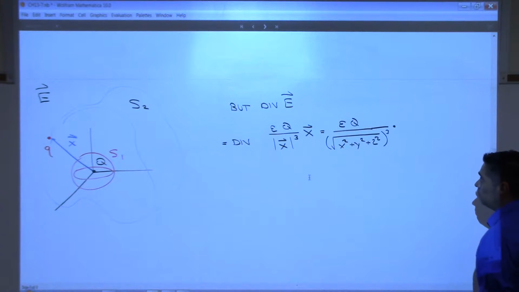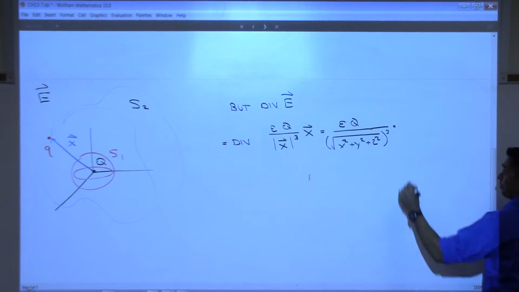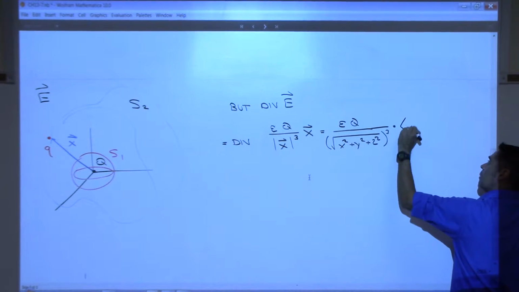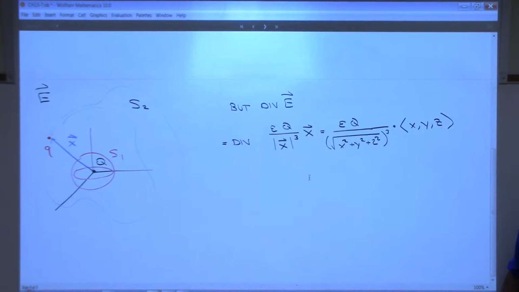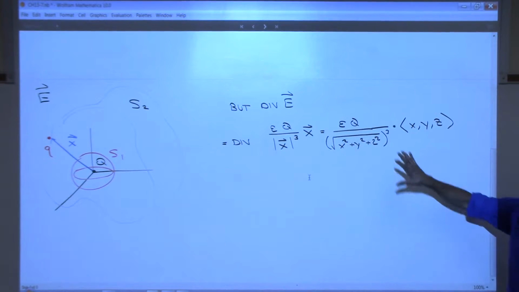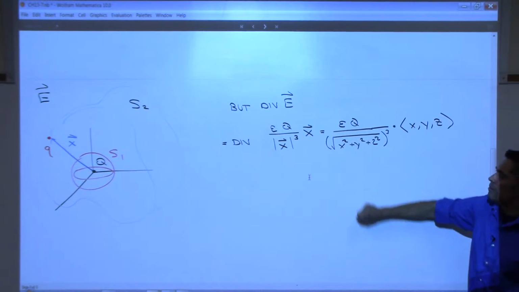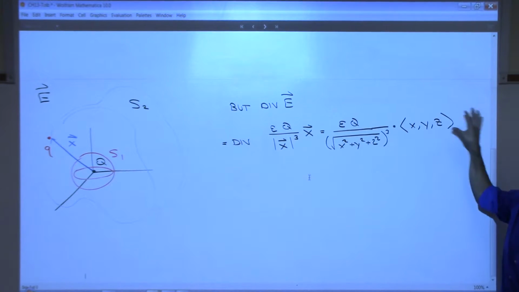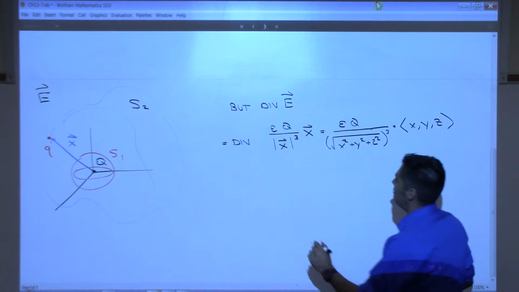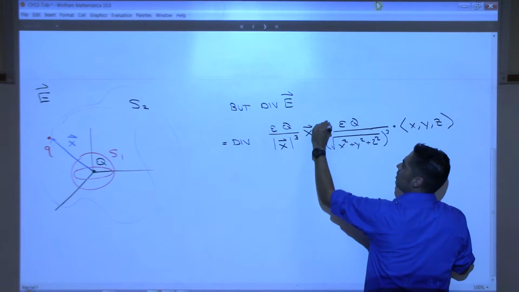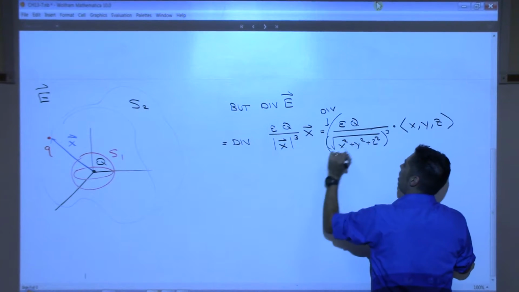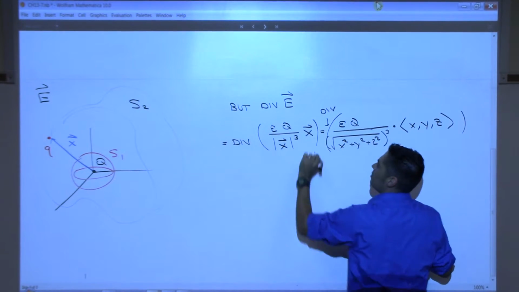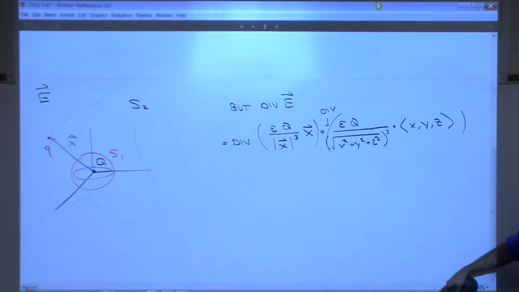Times x, y, z. Right? This is a constant. I multiply it through. Sorry, I forgot to put my div in here. I haven't taken the div, have I? No. I'm taking the div of this. I'm going to do that as I work through here.